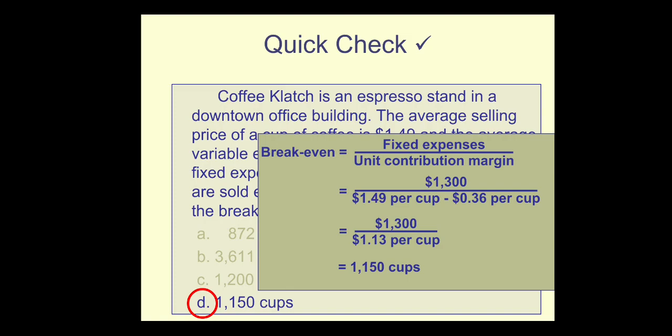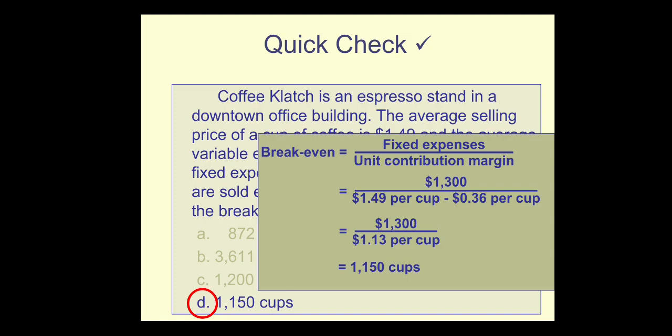So the answer is 1,150 cups. The calculation shows that if this coffee shop wants to achieve break-even point, the business has to sell 1,150 cups of coffee.